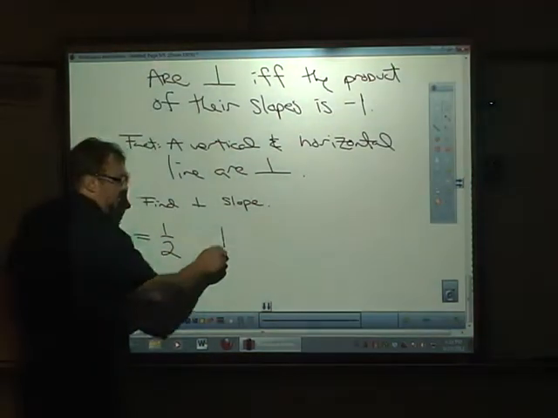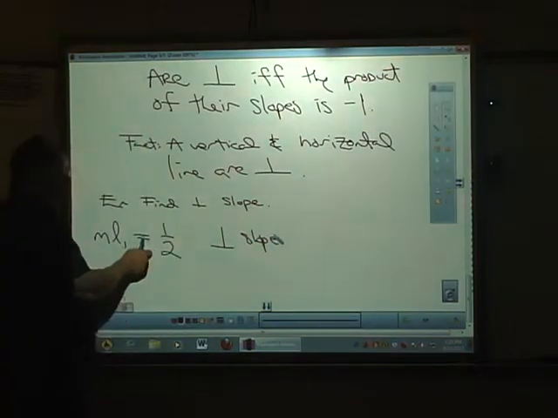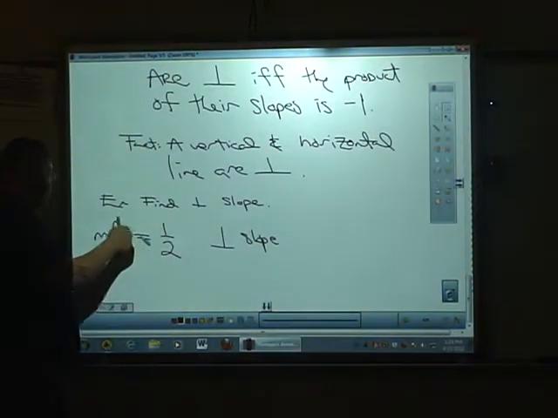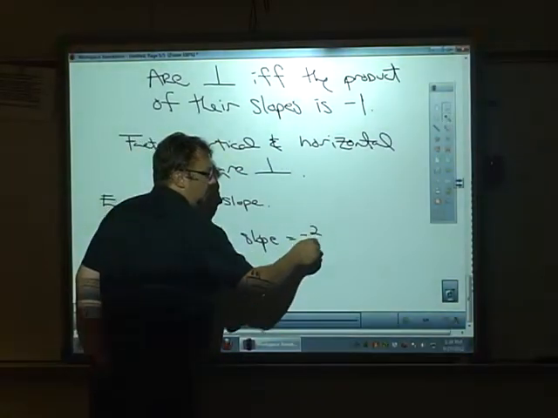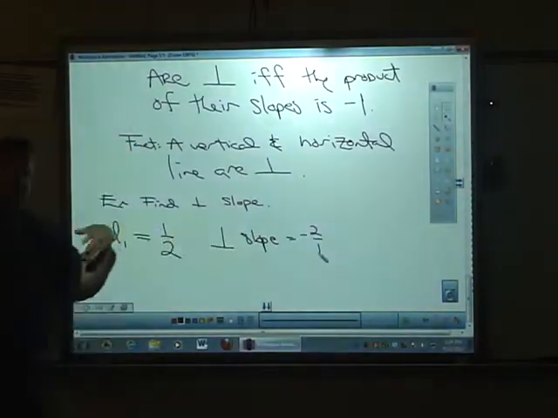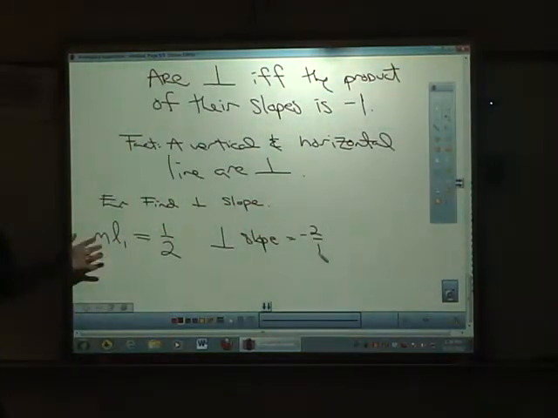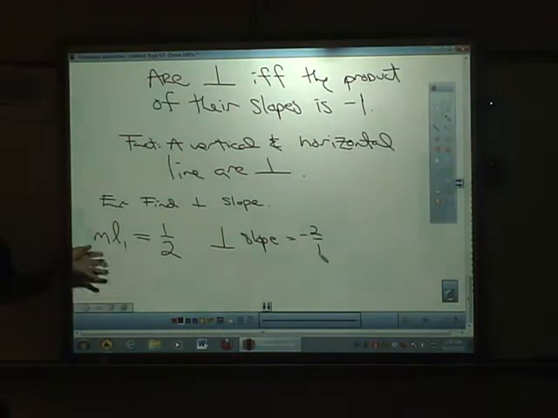Well, then the perpendicular slope would have to be what multiplies by this to get you -1, which would just be -2/1. Because this times this gives me -1. Those are perpendicular slopes. They will form perpendicular lines.